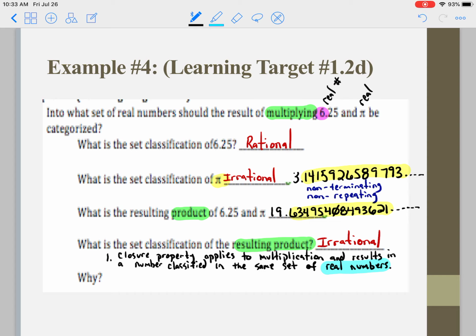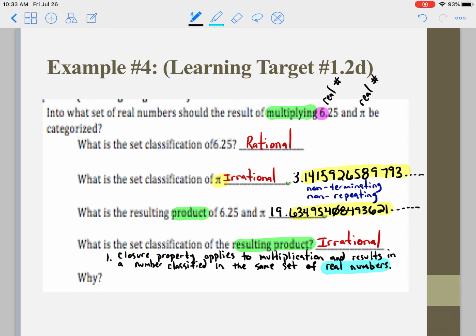So a real number times a real number will result in another real number. And so the closure property holds for multiplication and results in a real number.